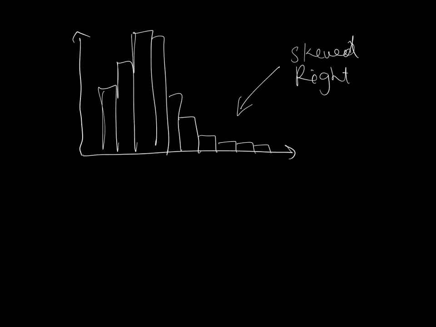Now, when this happens, the median is still the middle number. Remember, my numbers are occurring down here, but the frequency of those numbers is on the y-axis. So this is my frequency.